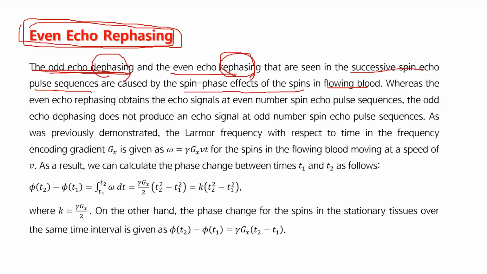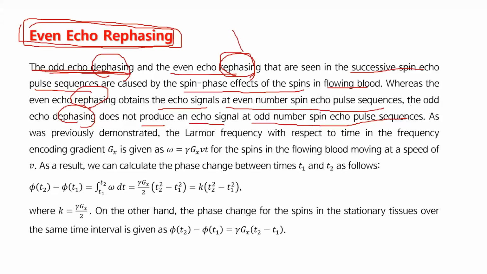Whereas even echo rephasing obtains echo signals at the even number spin echo pulse sequences, the odd echo dephasing does not produce an echo signal at odd number spin echo pulse sequences. So this is called odd echo dephasing and even echo rephasing.